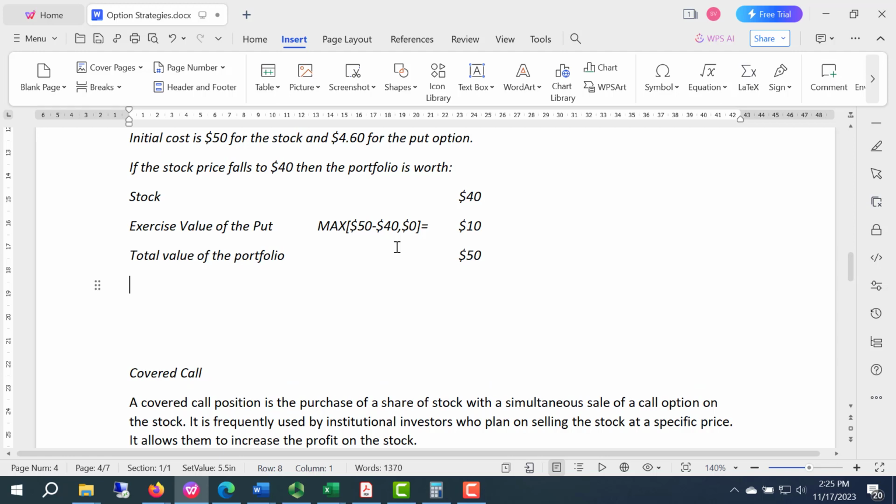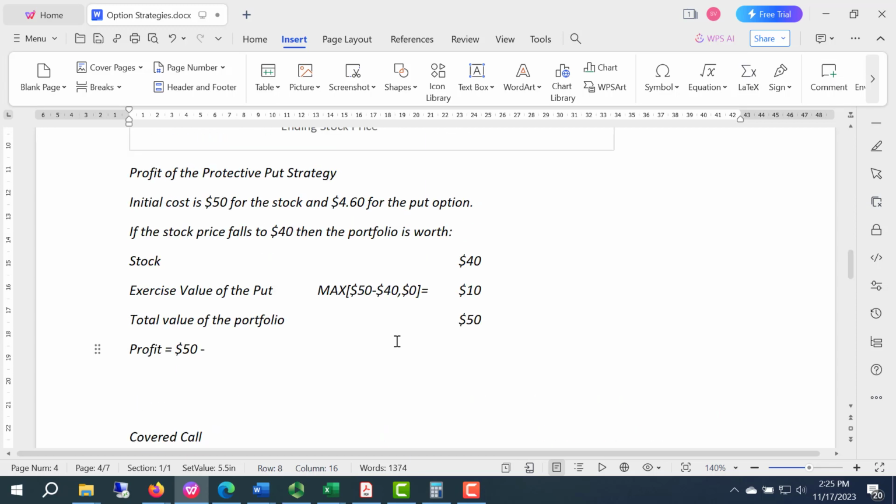And then the profit is going to be equal to the value of the portfolio minus the cost of my portfolio. The cost of my portfolio was $54.60. So it's the $50 for the stock that we bought and $4.60 for the option, so $54.60.